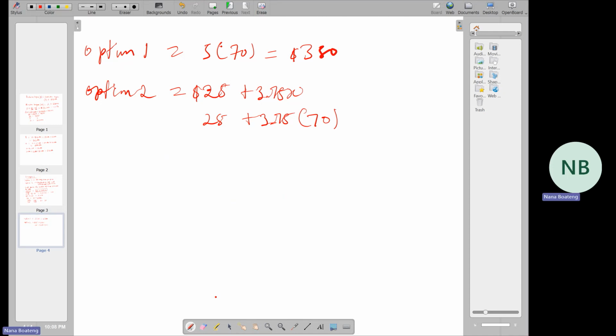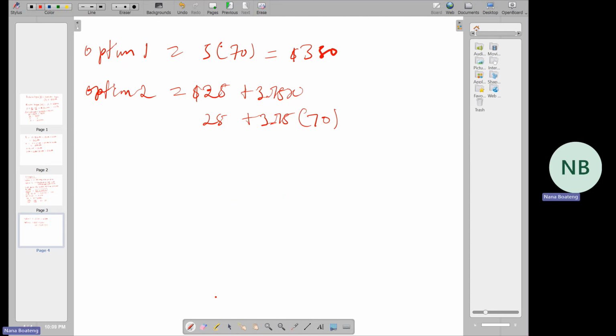So that tells us that at the point where the cost incurred in option one will be equal to option two, that would be $350.